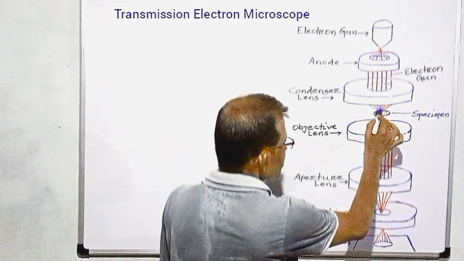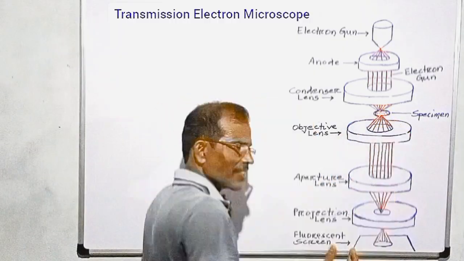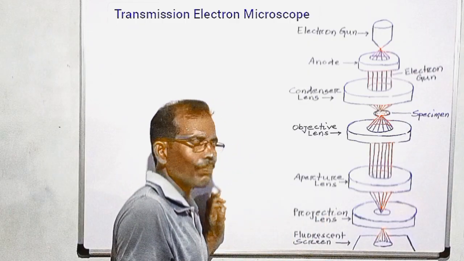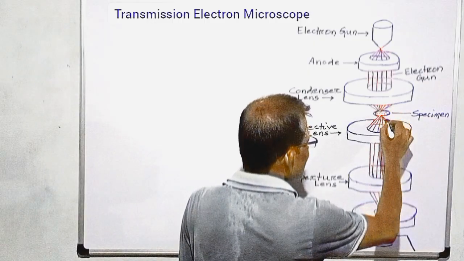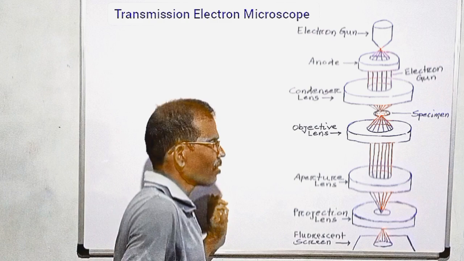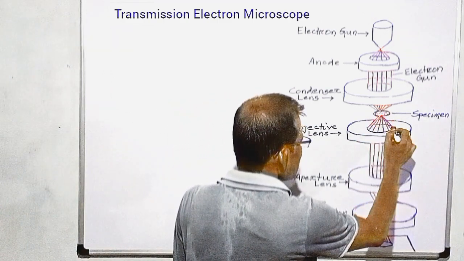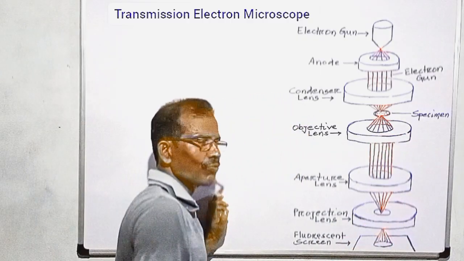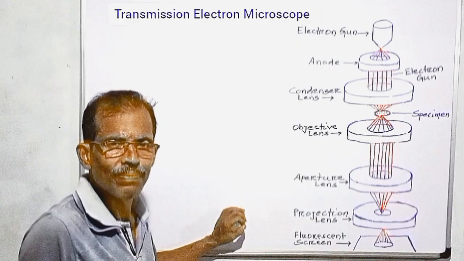When the electrons strike the specimen, denser areas scatter more electrons. On the other hand, more electrons pass unhindered through the thinner areas. The transmitted electrons which pass through the sample are then collected by the electromagnetic objective to form the intermediate magnified image.